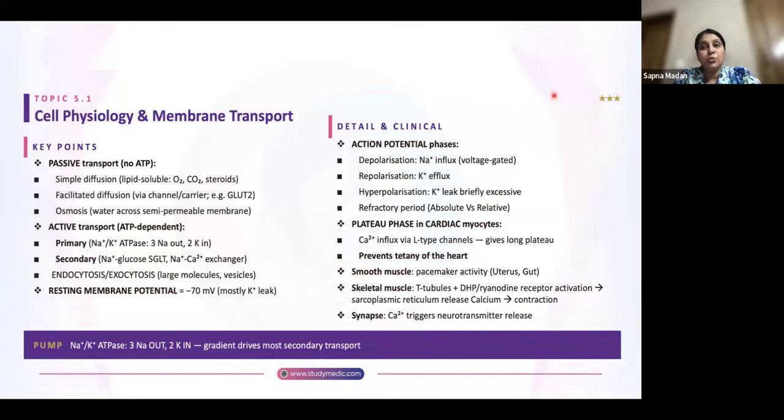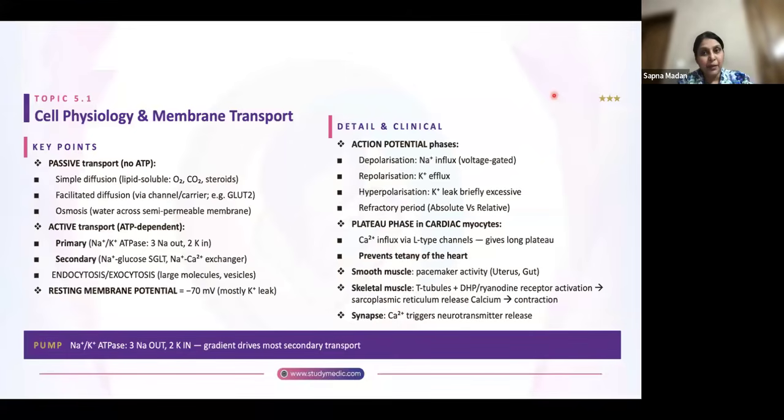Apart from these channels, which allow passive movement of these ions, we also have voltage gated channels. These voltage gated channels are the ones which are going to cause the depolarization and then the repolarization in the action potential.